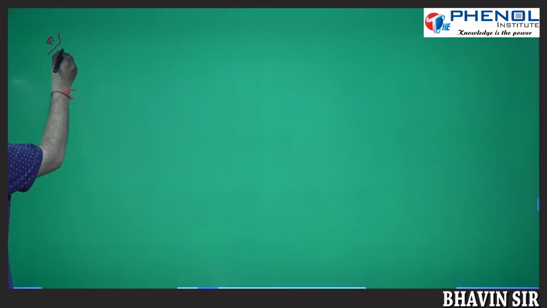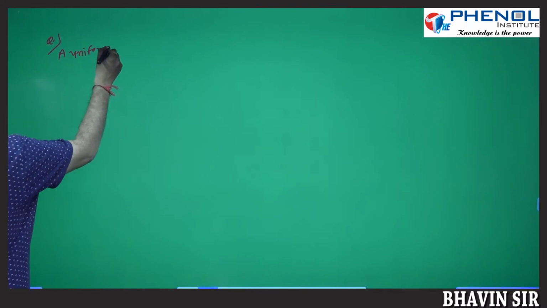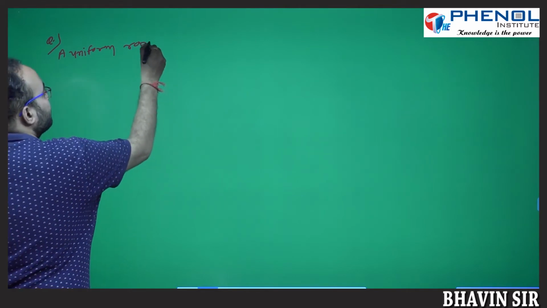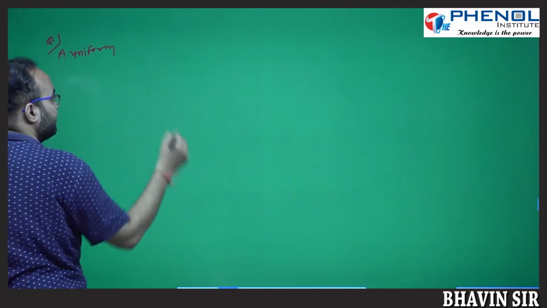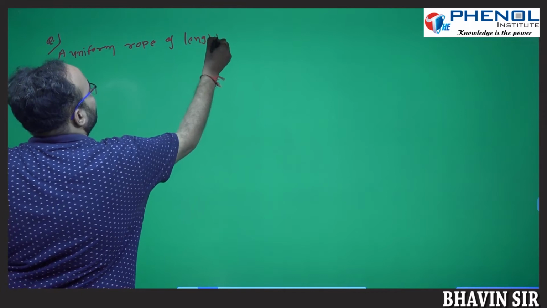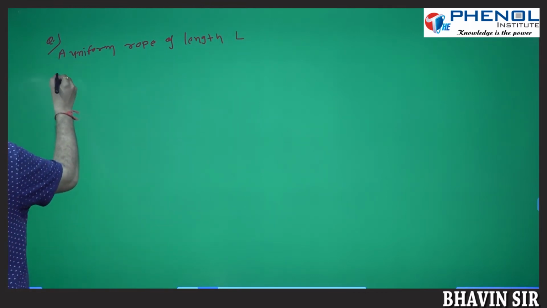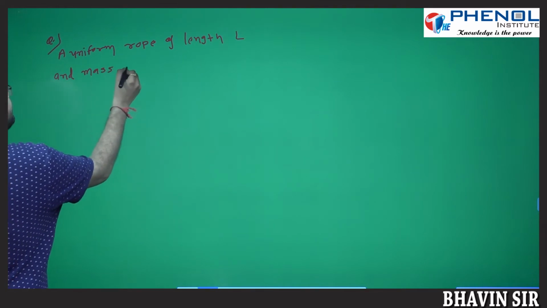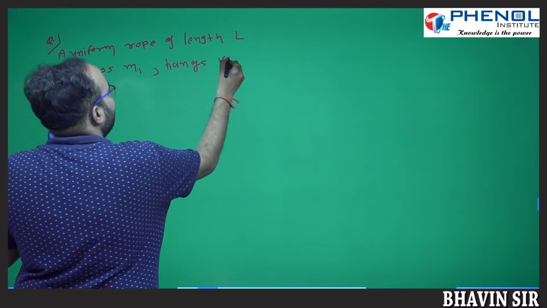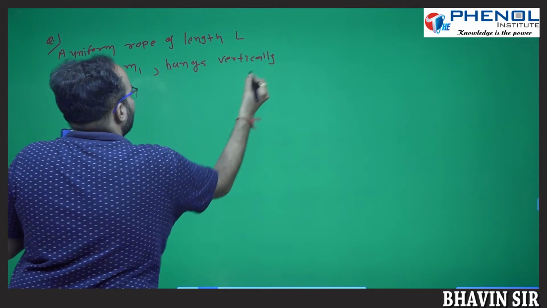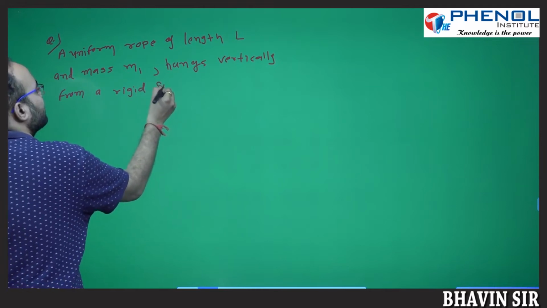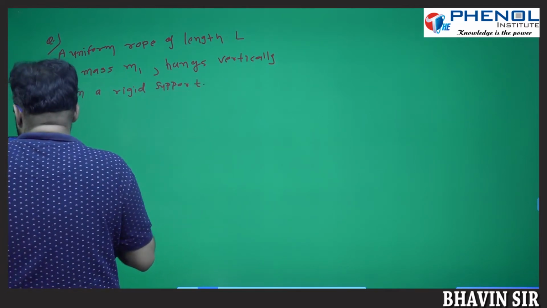Now see the next question. A uniform rope of length L and mass M1 hangs vertically from a rigid support.